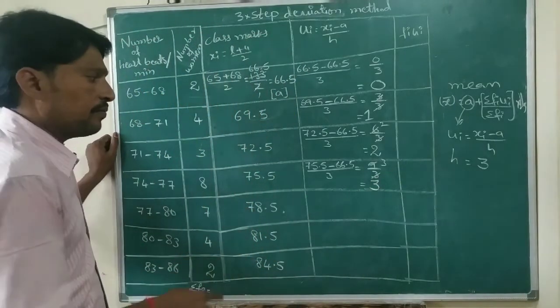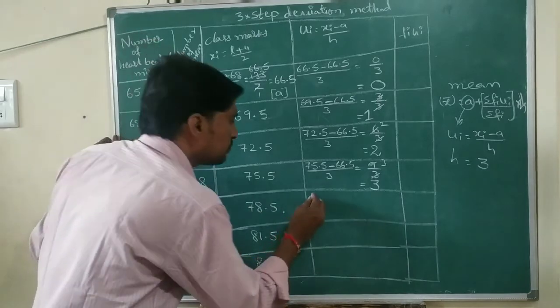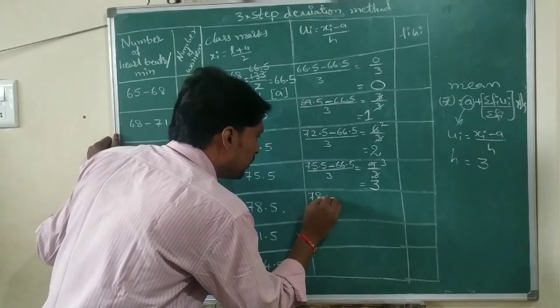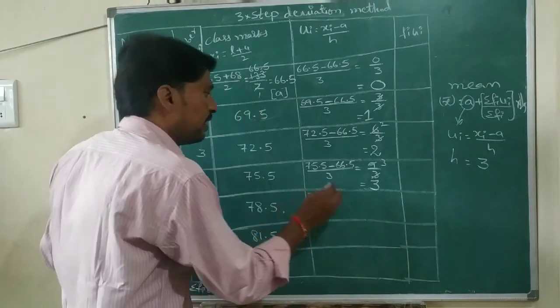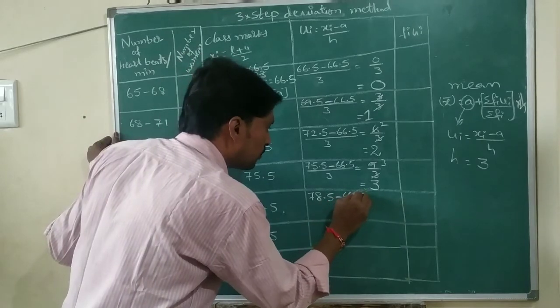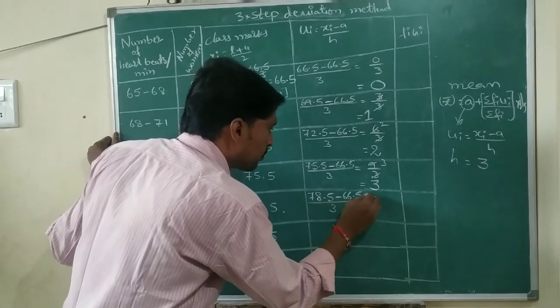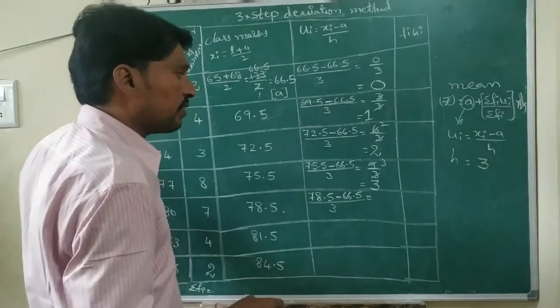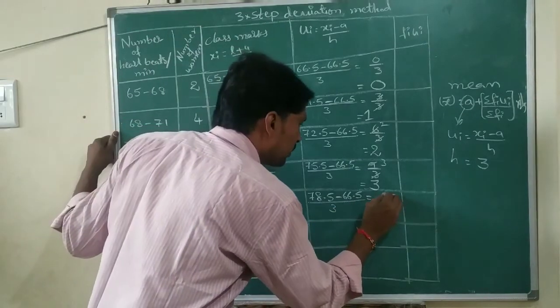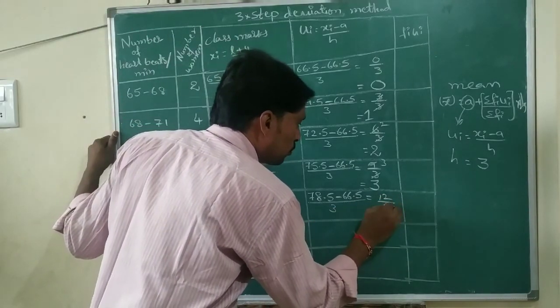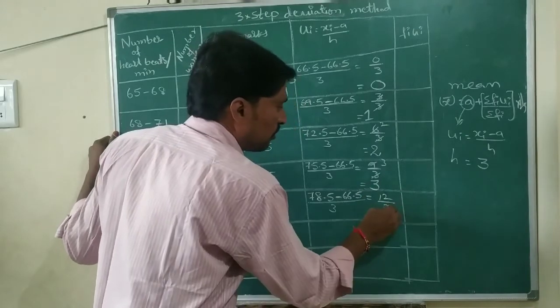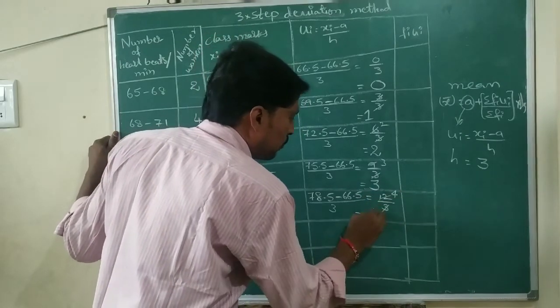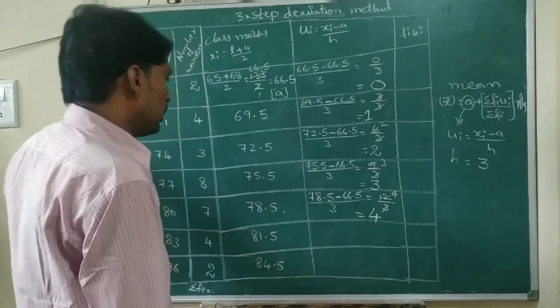Next xi is 78.5: 78.5 minus 66.5 is 12 by 3, that is 4.